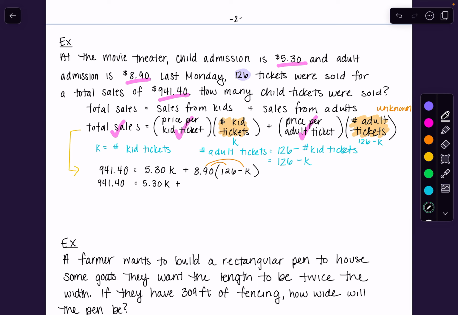And then if you distribute this out, you'll have to do 8.90 times 126 minus 8.90 times K. Okay. And then before I start combining stuff, I'm going to go ahead and do that multiplication. But if you feel confident skipping steps, absolutely. If you multiply the two of these together, you should get $1,121.40.